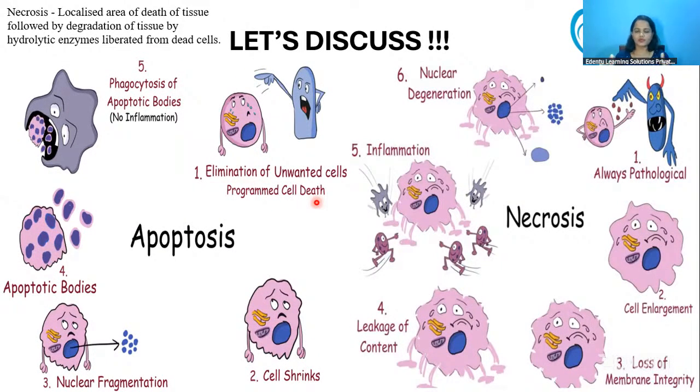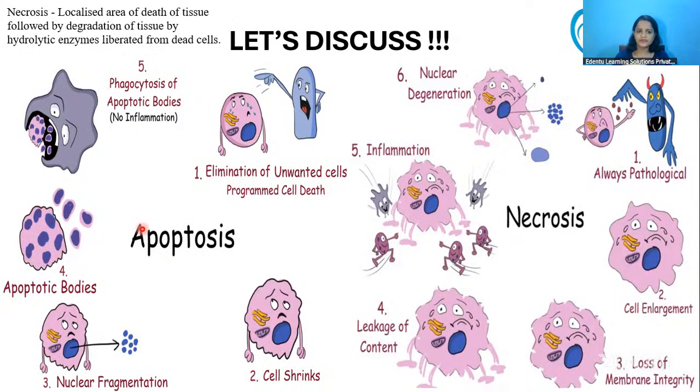In apoptosis, what is mainly happening is that the cell will shrink and the nucleus will undergo main changes, like nuclear fragmentation, and all the contents inside the cell will be converted into apoptotic bodies. These apoptotic bodies contain the fragments of the cell organelles and will be released outside.